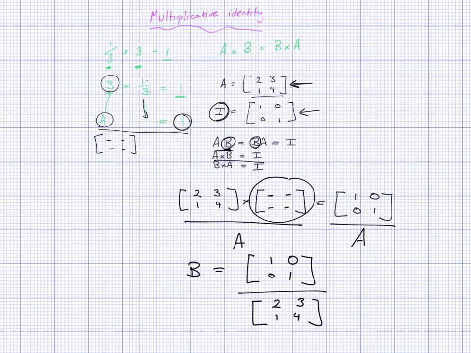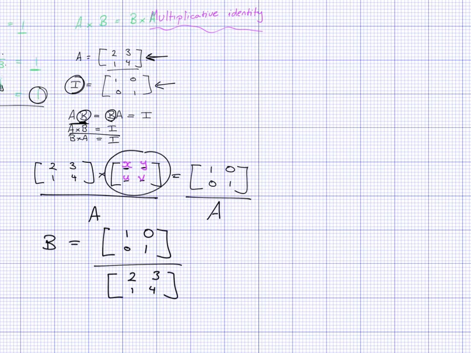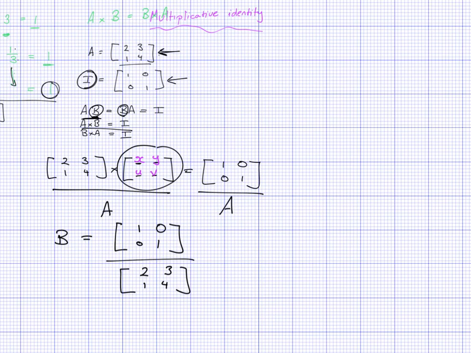So knowing the division of matrices is not something we've done, let's take a step back and see what else we could do. So what I'm going to do is put variables into this equation here. Then I'm going to write out the multiplication equations that would eventuate if I was to multiply matrix A by matrix B. So it's going to be 2 times x plus 3 times u.